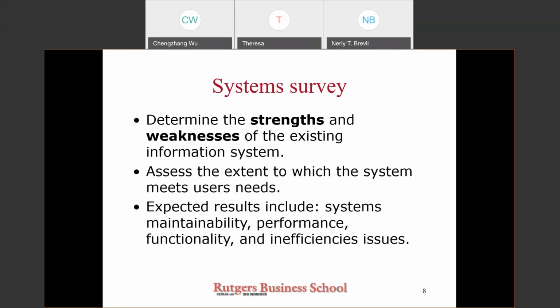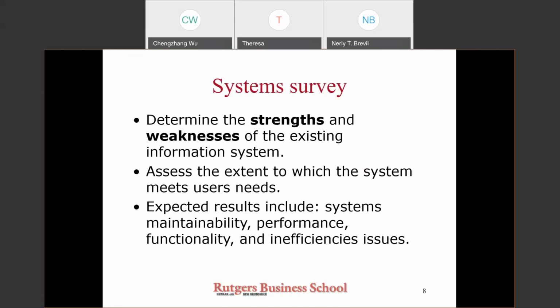System survey. The next step in system analysis is system survey. It is used in the context of an existing information system. The main purpose of system survey is to determine the strengths and weaknesses of the existing information system. The technique involves obtaining feedback of users and developers about various aspects of systems.